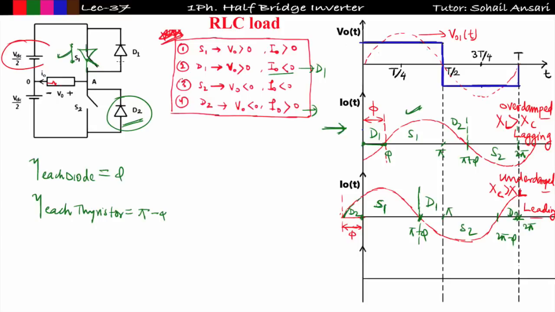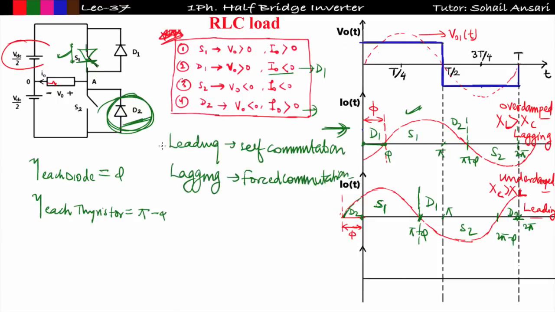If D1 conducts, then definitely the 1 volt potential will drop across S1 and S1 will be turned off. But in lagging type of load, after S1, D2 is conducting, so D2 is not responsible for self commutating S1. So in lagging type of load self commutation is not possible, and in leading type of load self commutation is possible.